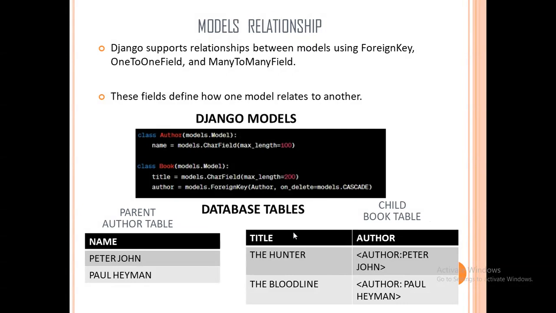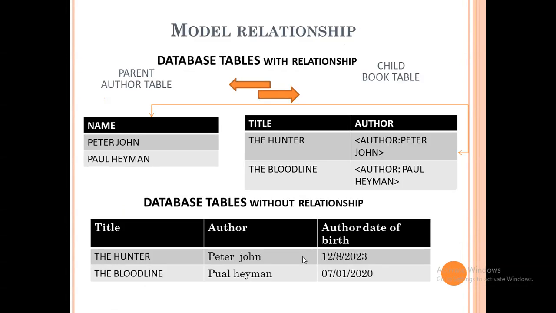Now, why do we need model relationship? Let me show you. For example, let's say we have only the book table, with columns of title, that's book title, author name, author date of birth.